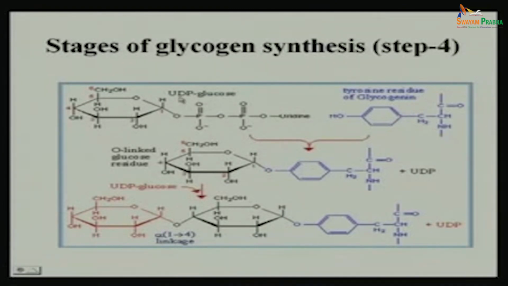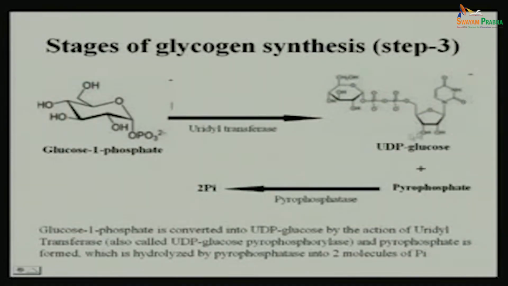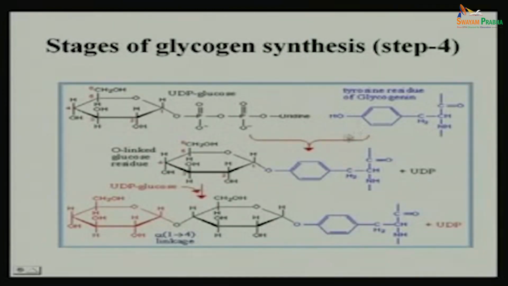When it comes in contact with the UDP glucose produced in the earlier step, the glycogenin protein undergoes this reaction, and the hydroxyl group binds with the first carbon of the glucose moiety, UDP is released, and the glycogenin protein gets attached with the glucose moiety of this UDP glucose.